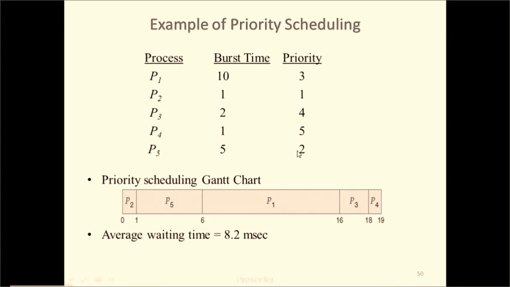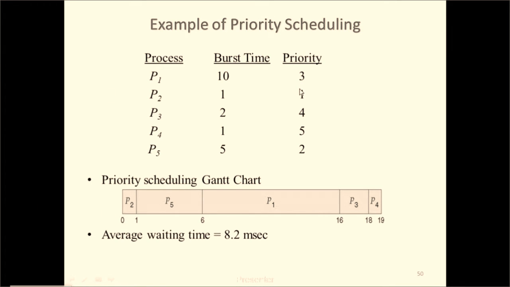This can very well happen in a system which is running hundreds of processes simultaneously. You cannot have hundreds or thousands of priority levels. Priority levels are typically very limited in number. So it is just possible that you might have more than one process with the same priority number. Now, if that is the case, what are you going to do?